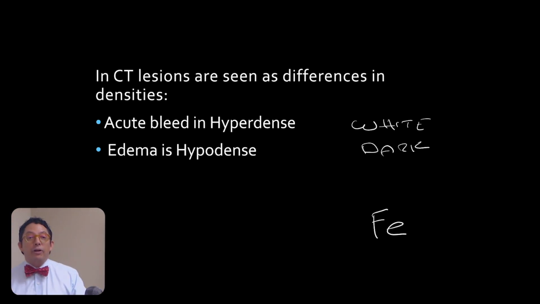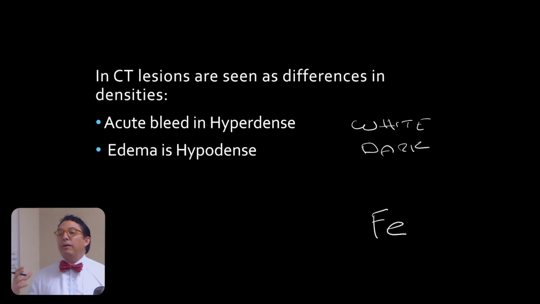So because of iron, every time that you have an acute bleed in an acute phase, the blood is going to ooze out and you're going to see that hyperdensity of the blood be this white blob that you're going to see on CT. So acute bleeds tend to be hyperdense. And as they become old, there's going to be a reabsorption of the blood and they're going to become darker and darker.